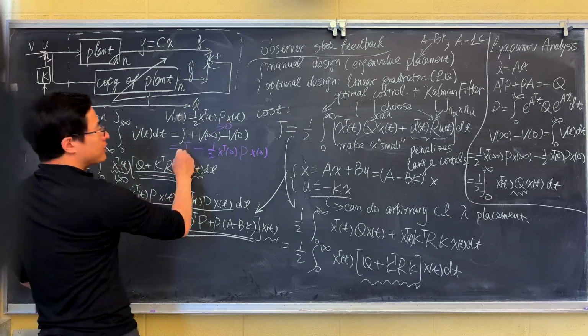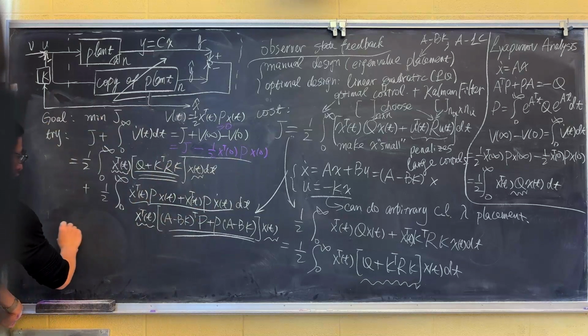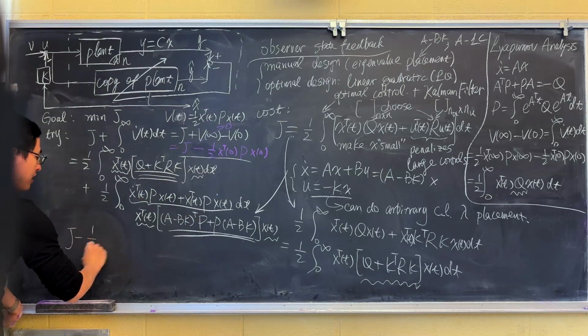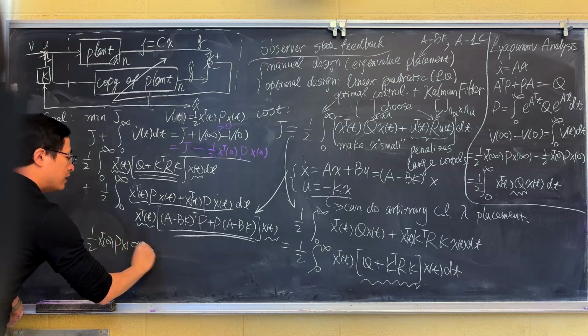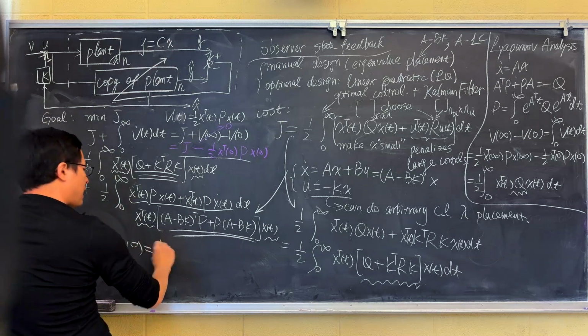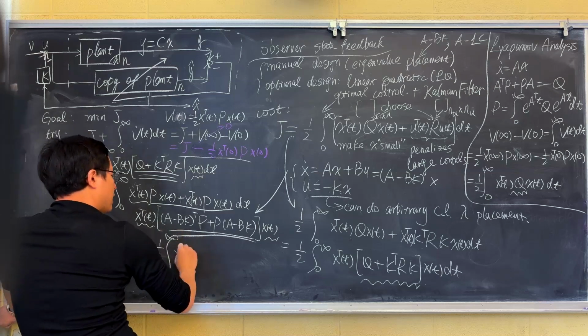On the right, we have this. We know this equals the left. So we know J minus half of x transpose 0 P x0 equals half of this big integration, a quadratic function of x.